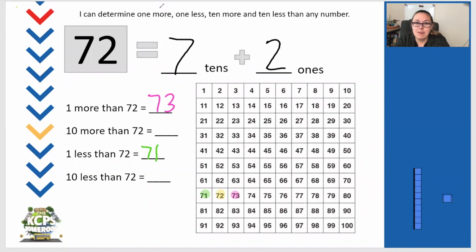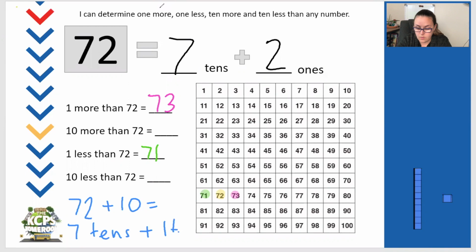Let's go up to 10 more than 72. So if you think really hard and add 10 to 72, you can do 72 plus 10, or we do know that 70 is 7 tens, and then 1 ten. How many tens do you get?